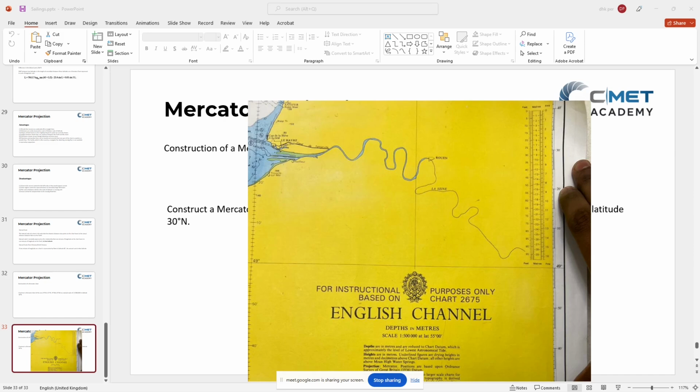So last time we were talking about the Mercator chart, Mercator projection, right? Then I will send you some questions as well regarding the construction of Mercator charts. Also, I will be uploading the last session today so that you'll be able to see it as well.